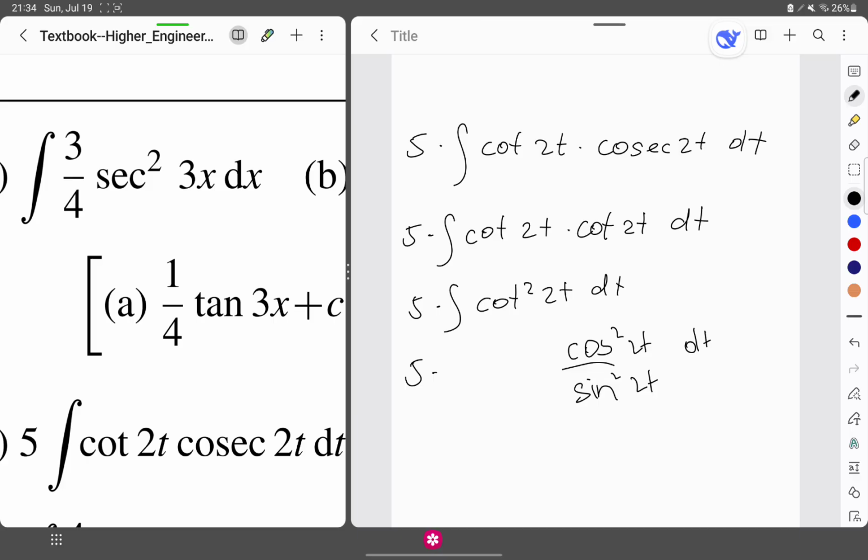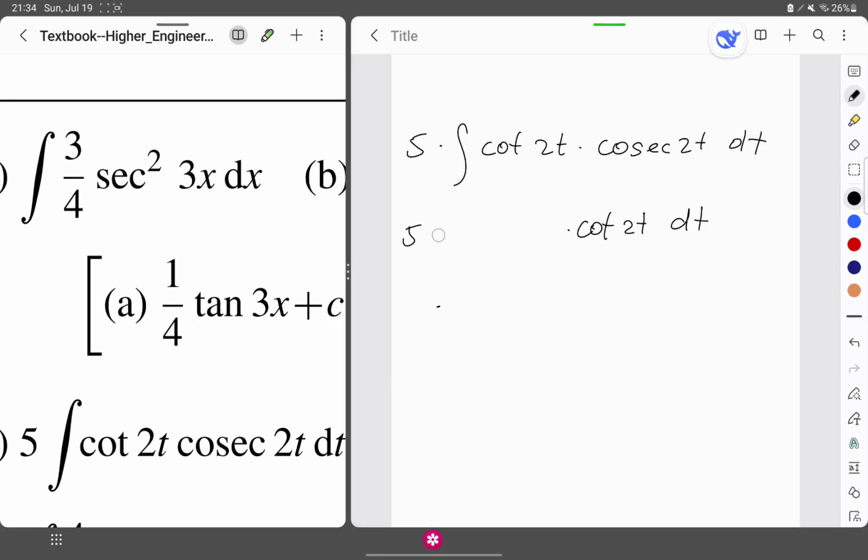If we don't simplify it, cotangent is cosine 2t over sine 2t times cosecant 2t, which is 1 over sine square 2t dt.